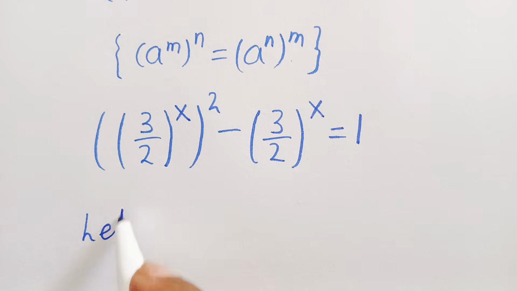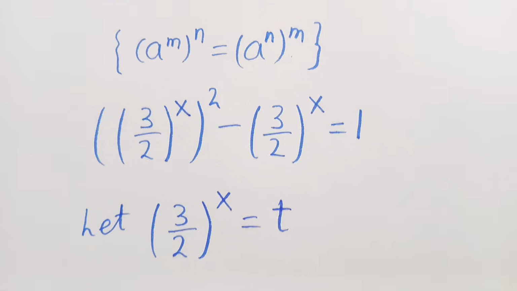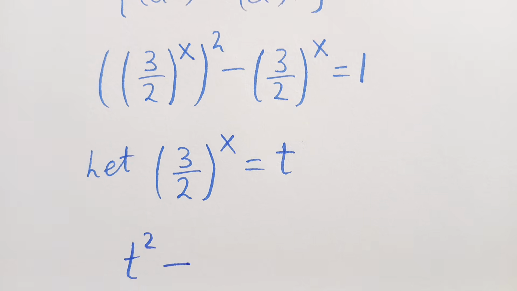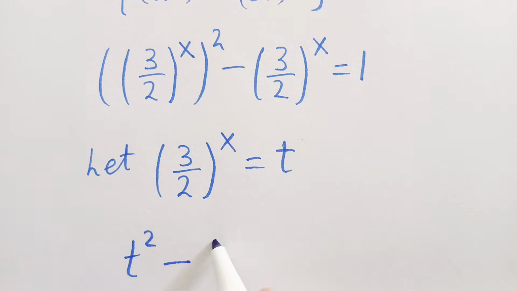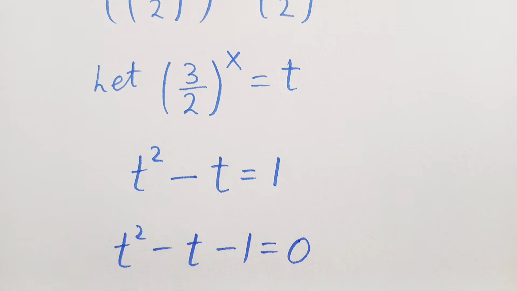Let 3 by 2 whole to the power x be equal to t. Therefore, this becomes t square minus t equal to 1. Now, t square minus t minus 1 equal to 0.